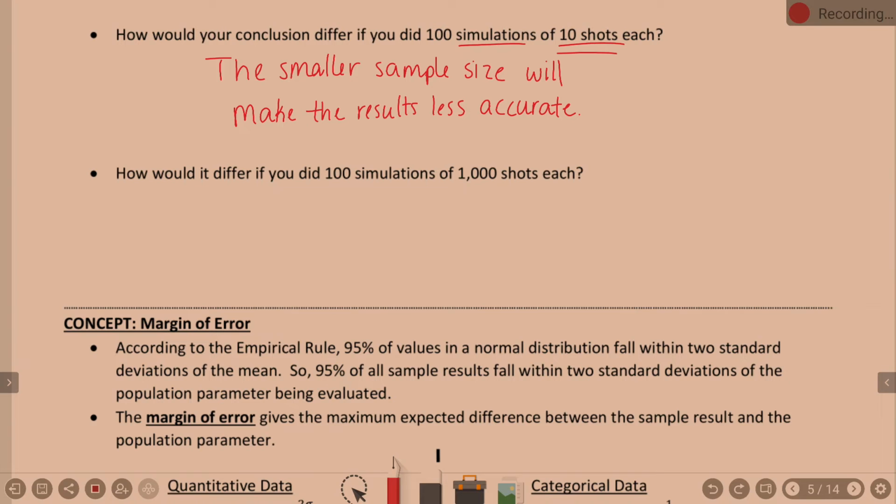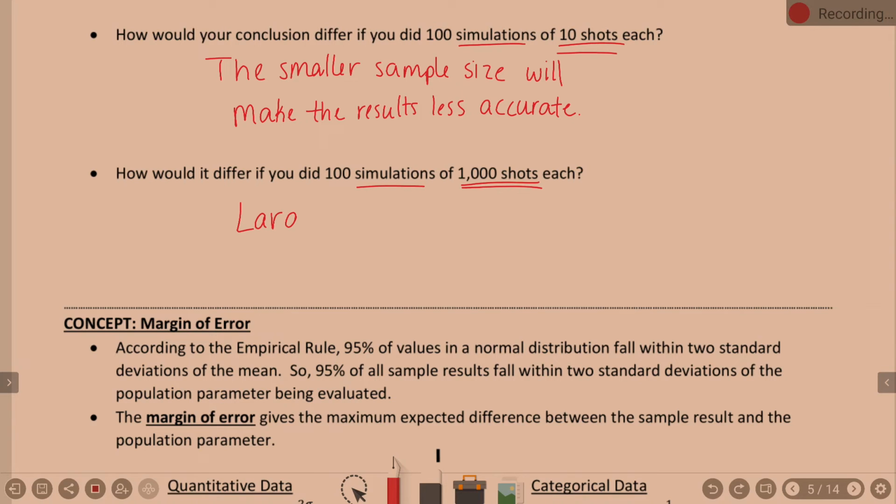What about the second one? It's still 100 simulations, but this time 1,000 shots. Should be more accurate, right? The larger a sample size, the more accurate those results should work out to be. Okay.